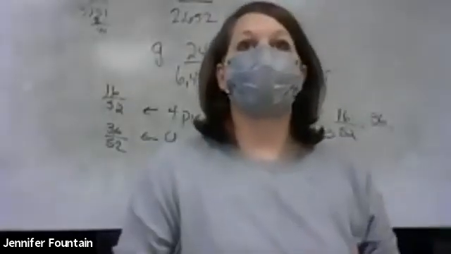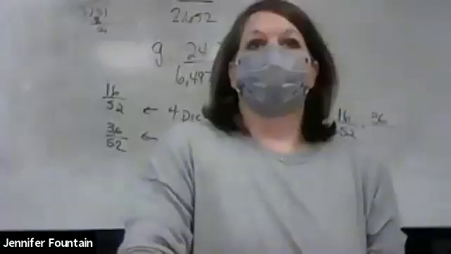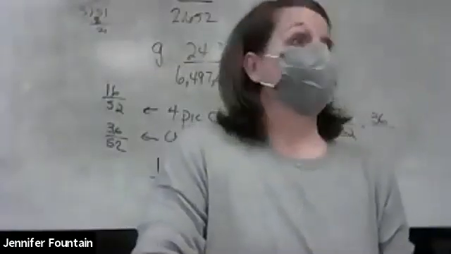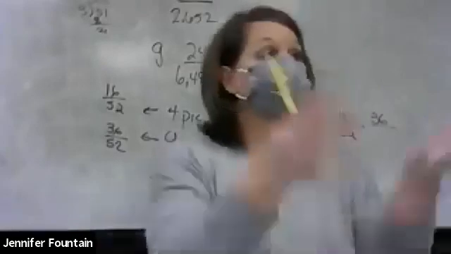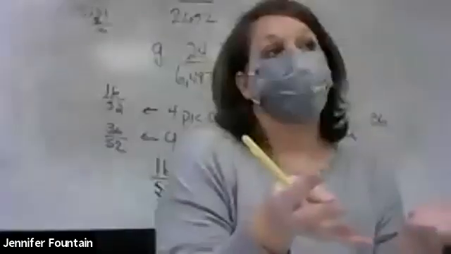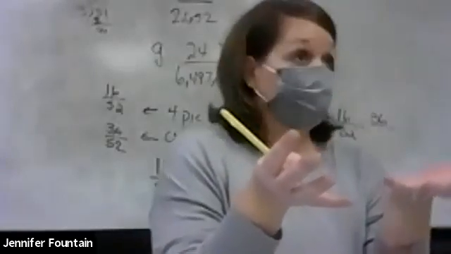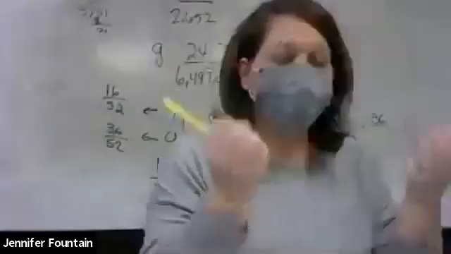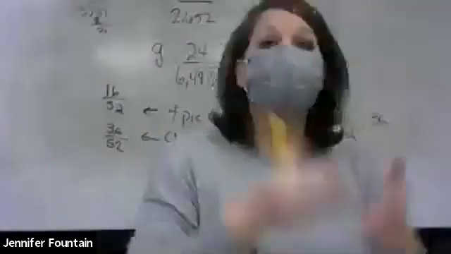What did we say another word for mean is? Average, good. And so how do I find an average if I have a set of numbers? You add them all together and divide by the number of things you added together.